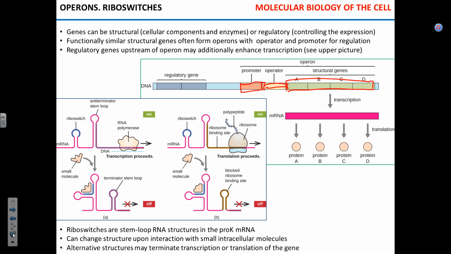But if somebody puts a wall in front of you, some kind of a wall here on the operator sequence, transcription cannot occur. You cannot run. Does that make sense? Okay. Sometimes regulatory genes upstream of the promoter are also involved in regulating the expression of the structural genes of the operon.